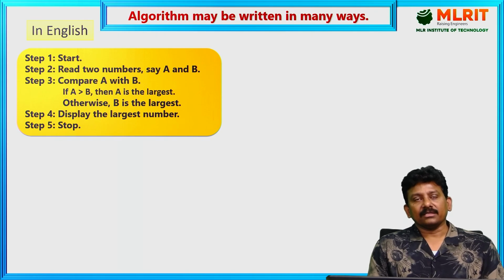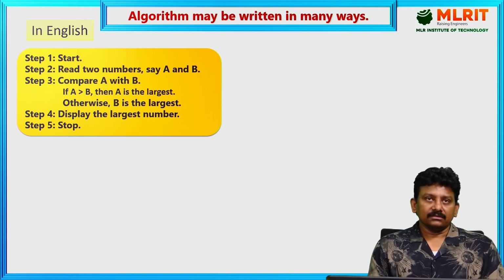If A is greater than B, then A is the largest. Otherwise, B is the largest. Step 4, display the largest number.